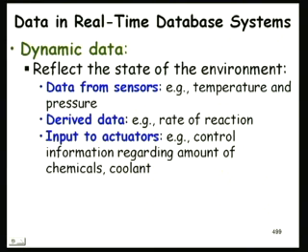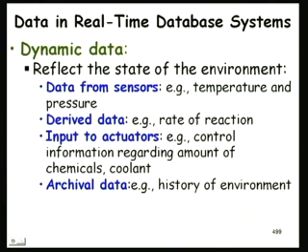Similar is the value that is computed for input to the actuators. For example, the control information regarding the amount of chemical, coolant, etc. These are also temporal data, because at different instants of time the values might change. But there will be another category of data, which is the archival data, which is the history of the environment.